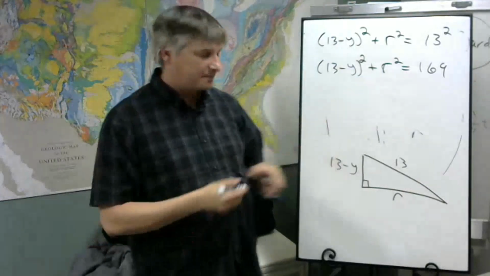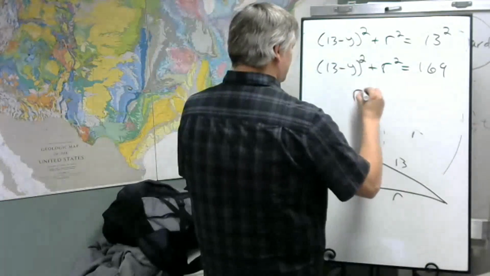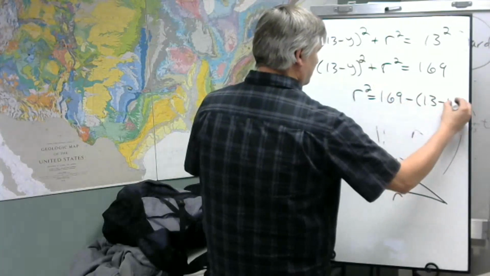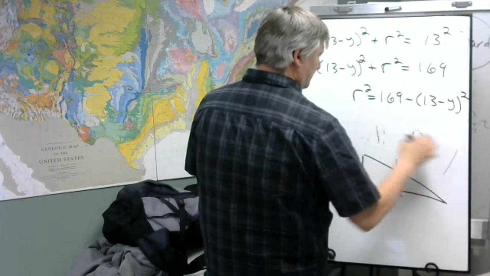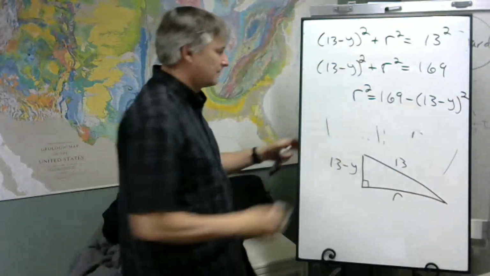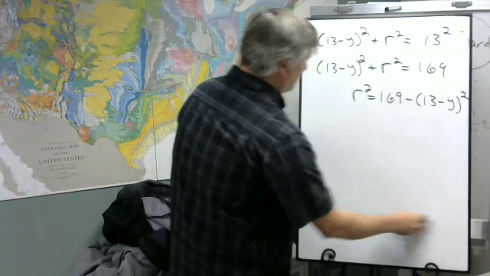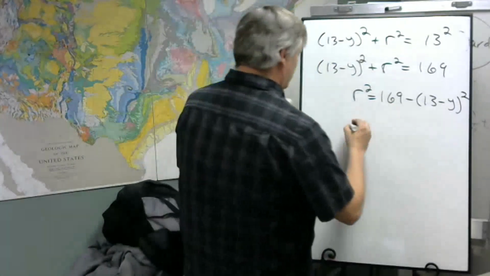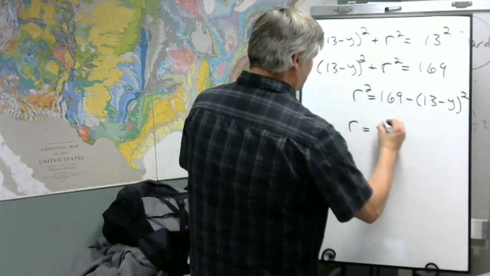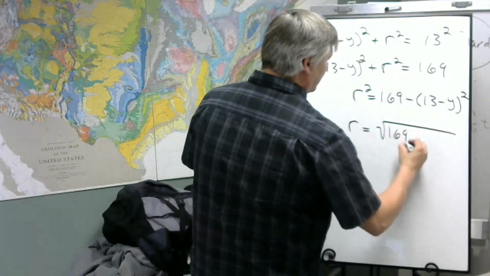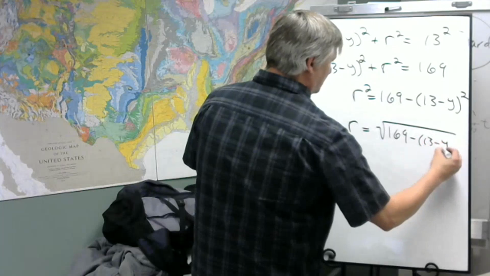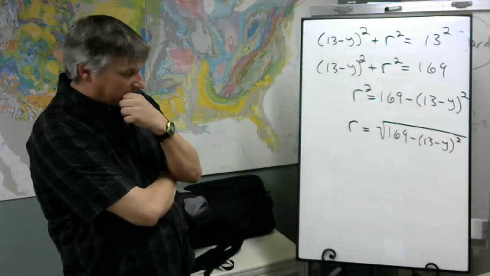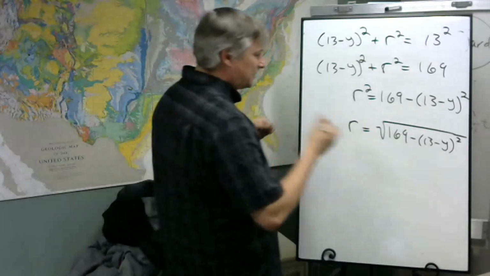We're going to solve for R. And then we can square root both sides. We'll get R is the square root of 169 minus (13 minus y) squared. And that's it. That's the relationship we're looking for.